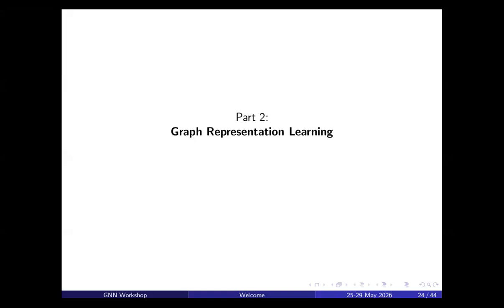Before moving in detail, as a word of caution, we are not going into any in-depth discussion on graph neural network. We'll just introduce what is graph neural network, or how GNN can be used for GRL, graph representation learning, and we'll talk about some applications, because graph neural network implementation or theoretical discussion may be time taking.